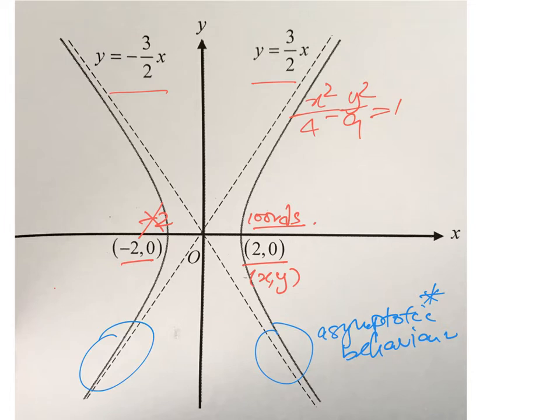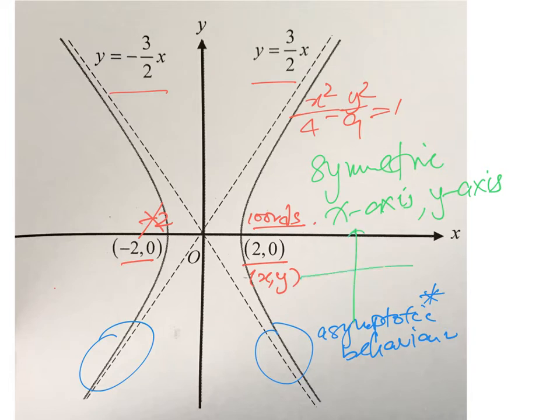You should also note that this curve is symmetric about the x-axis as well as the y-axis. So your sketch should show this symmetrical property and should not be out of shape. In other words, you shouldn't be drawing something like this. This would be a bad drawing.